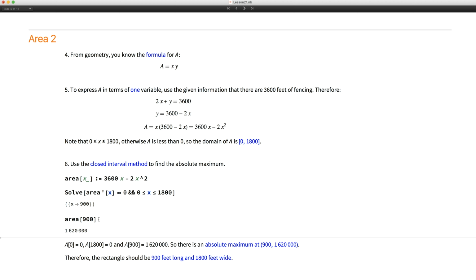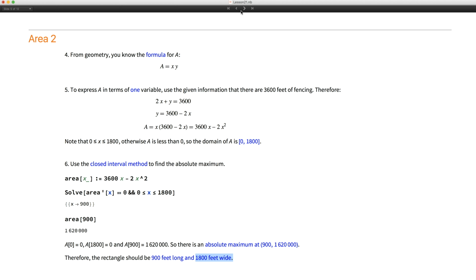Now the point is that you only have a single critical point, and at the end points you have either a zero area, which makes no sense, or you have this maximum area over here. So you have a maximum at this value of x over here. So the rectangle should be 900 feet long and 1800 feet wide.